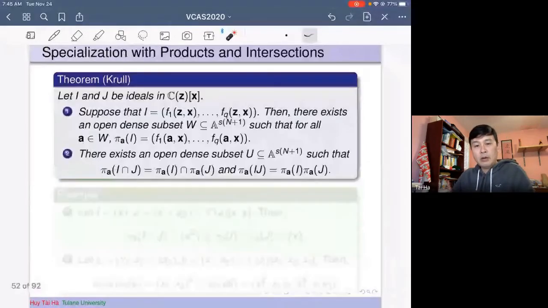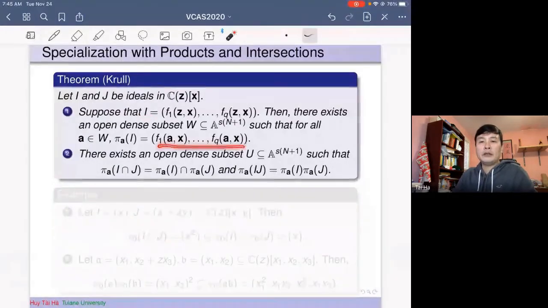What we know, however, is that even though specialization of an ideal is not the same as specializing the generators, it is actually the case when this parameter A is in an open subset of the parameter space.